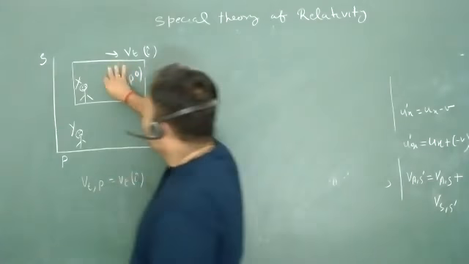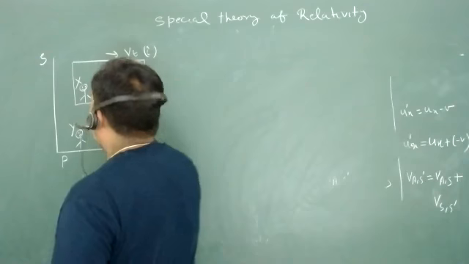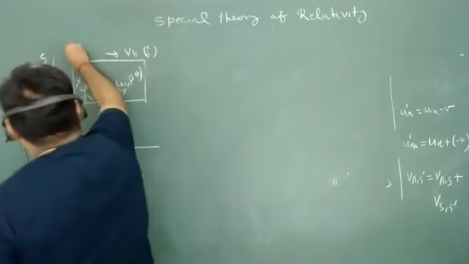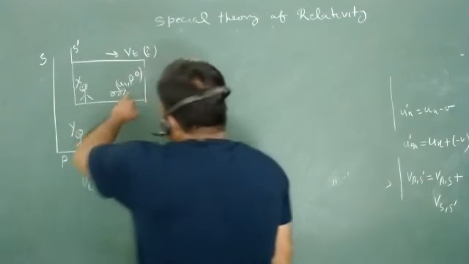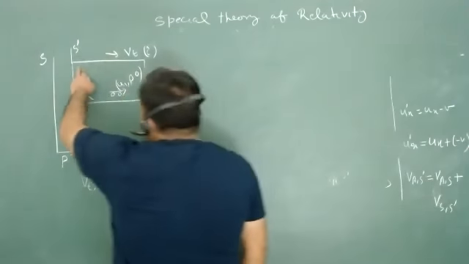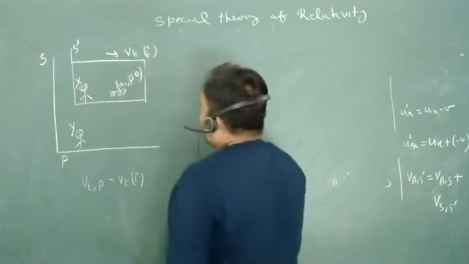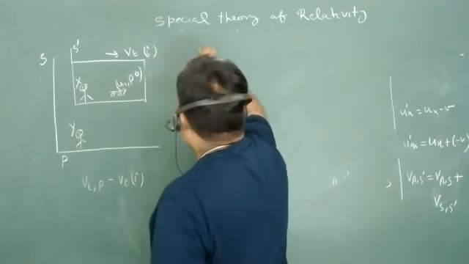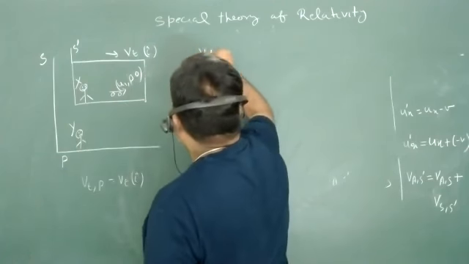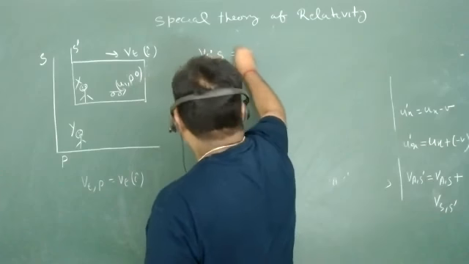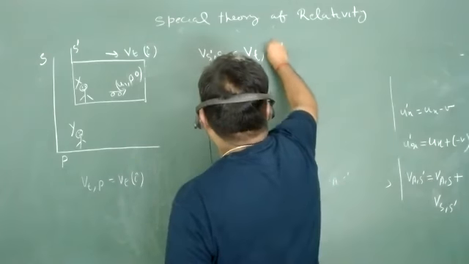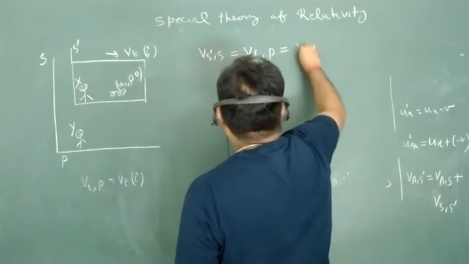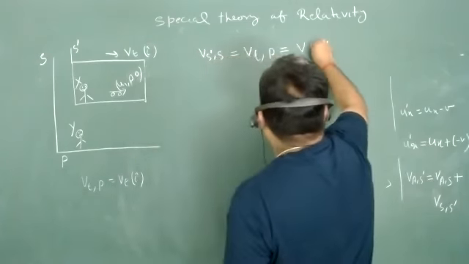The train is moving with respect to the platform, so the train is S dash, and the toy car is moving in S dash. So the uncle gives the notation: the velocity of S dash with respect to S, which is the velocity of the train with respect to the platform, is V, in the i cap direction.